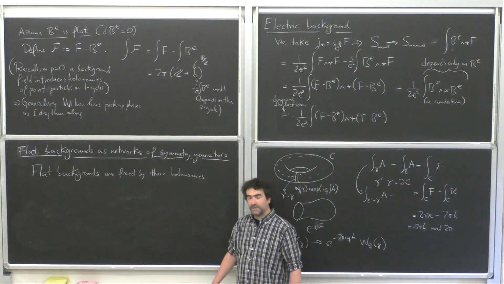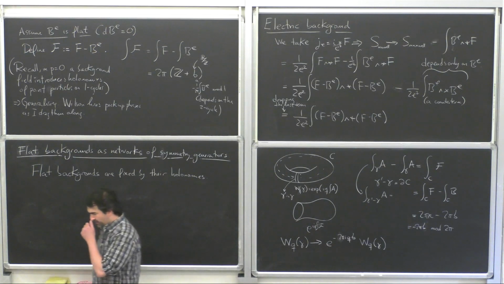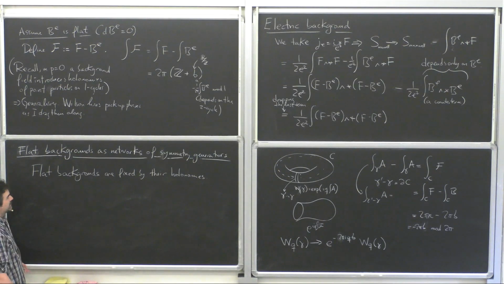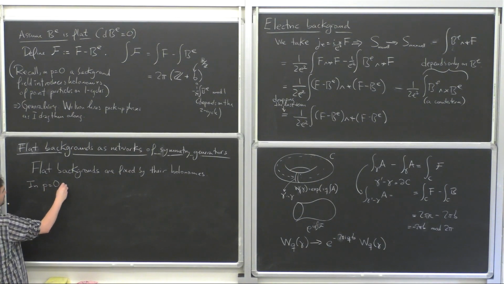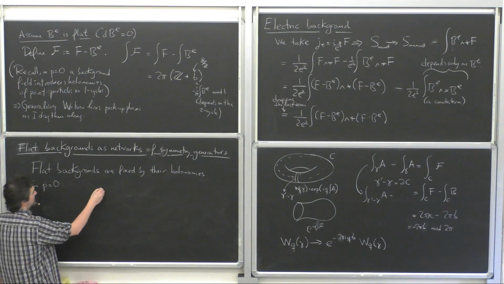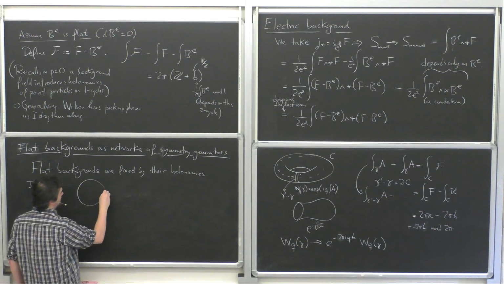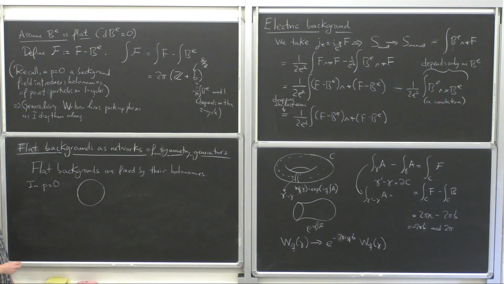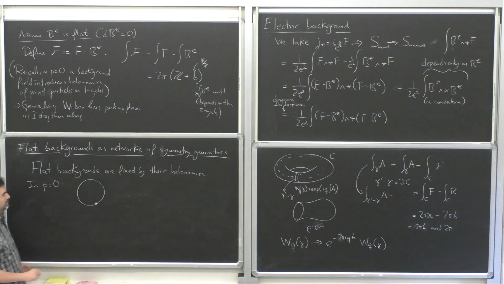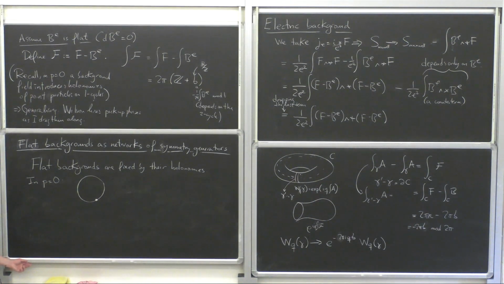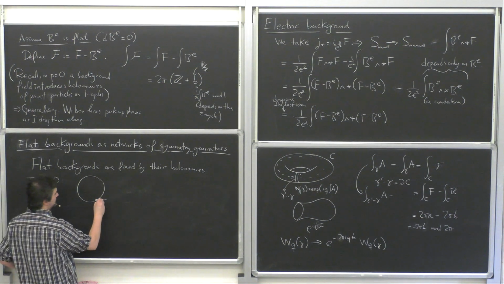So how could I generate a holonomy for a charged object? Well, one thing I can do, so in p equal to 0, I could draw the following picture. Imagine that I select some curve in my space, and in a codimension 1 locus in this curve, I insert a symmetry generator.